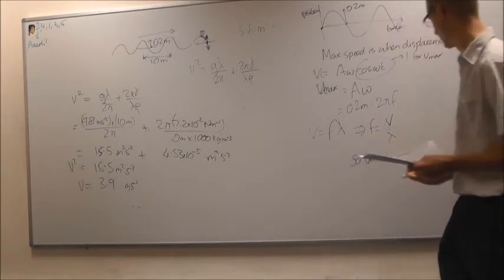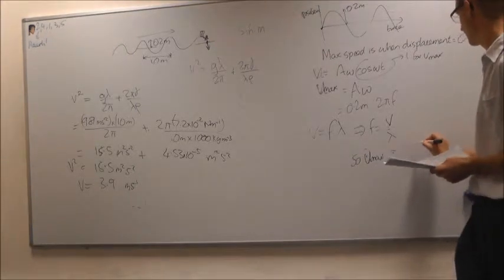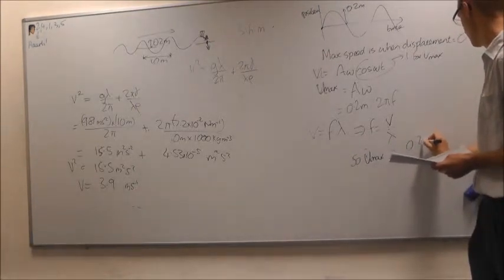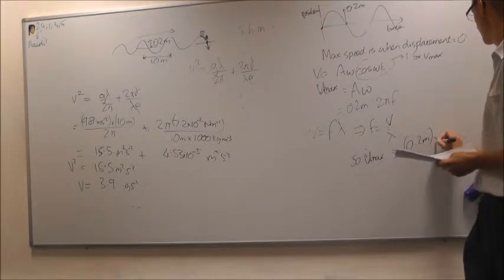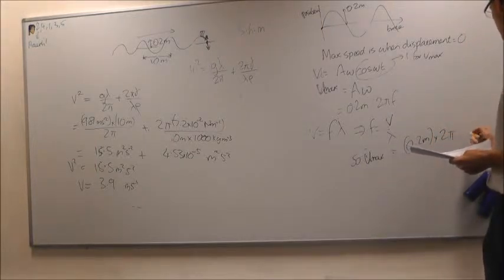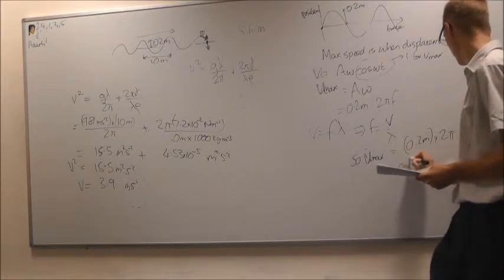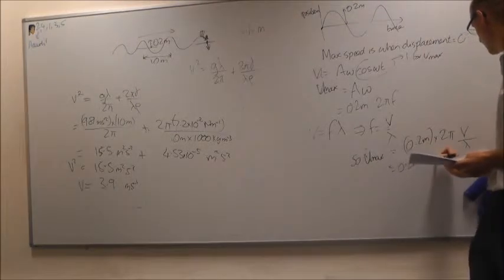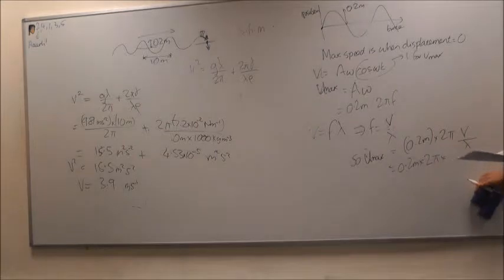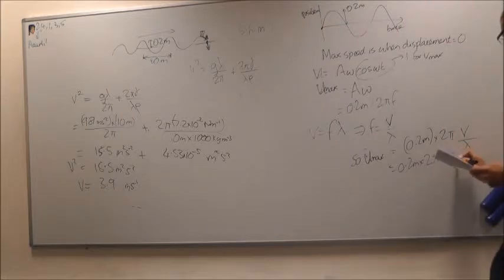U for the cork is 0.2 meters, your amplitude, times 2 pi, times your velocity, 3.9 meters per second, over lambda, 10 meters.